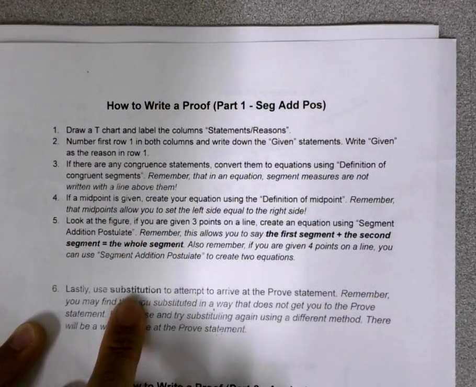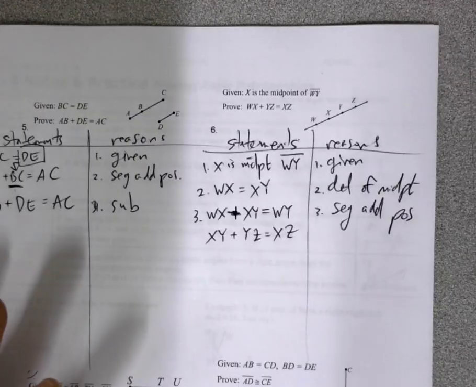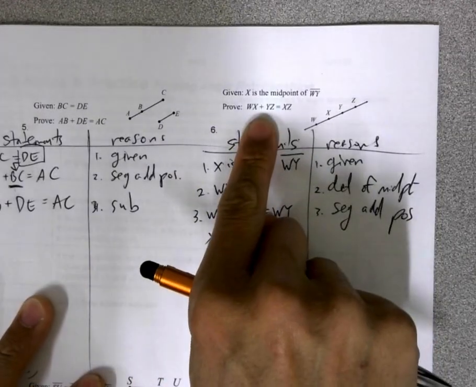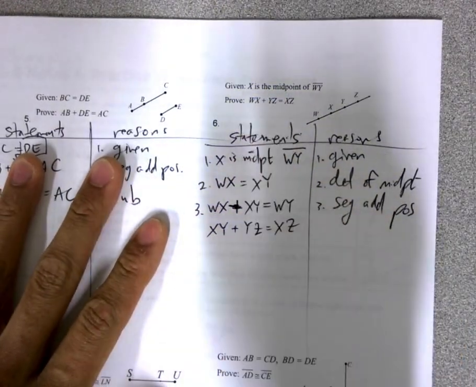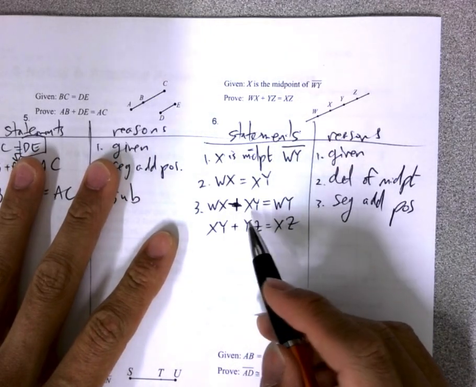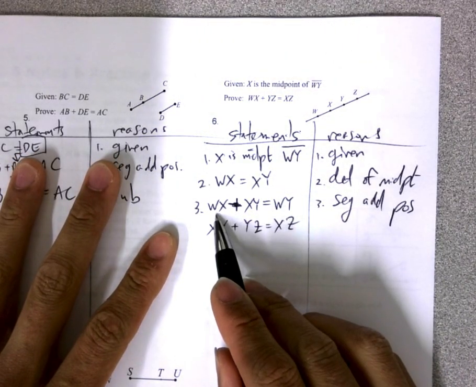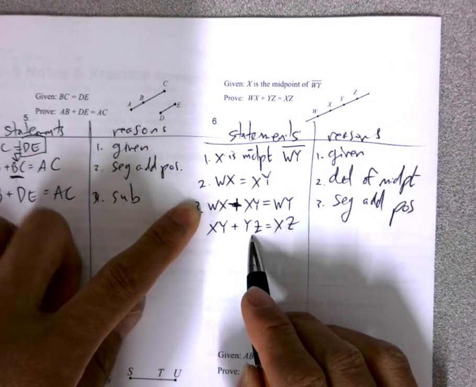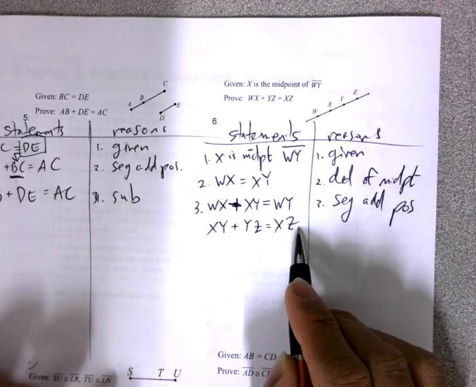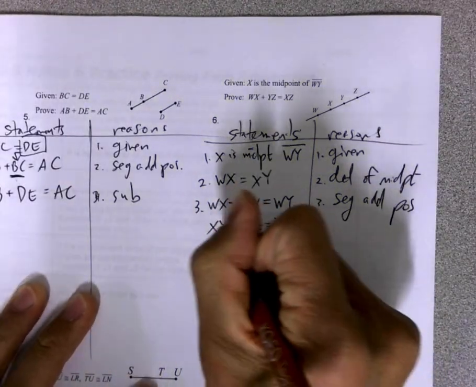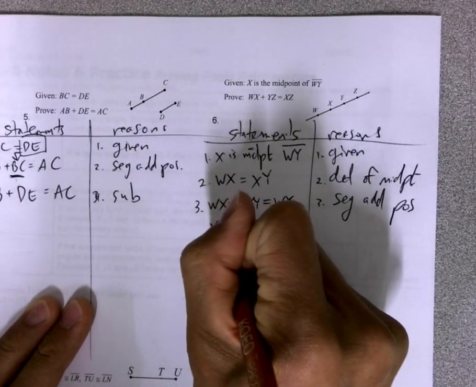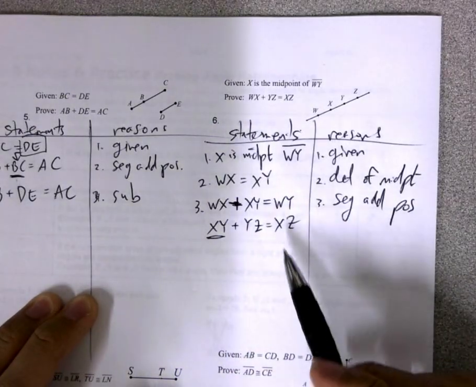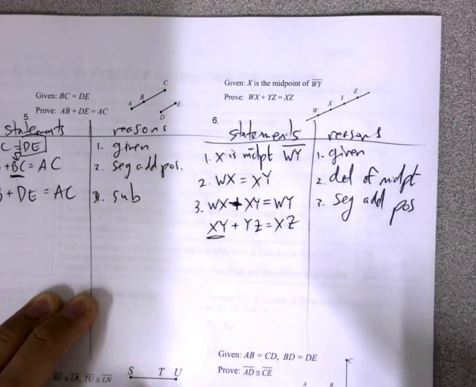Our last step is substitution. We've got to substitute till we get to the proof statement. We've got to get to that proof statement right there. So how do we do it? Let's see. We can say WX plus YZ is equal to XZ. Okay. So what we need to do is we need to replace this XY with a WX, basically, right?